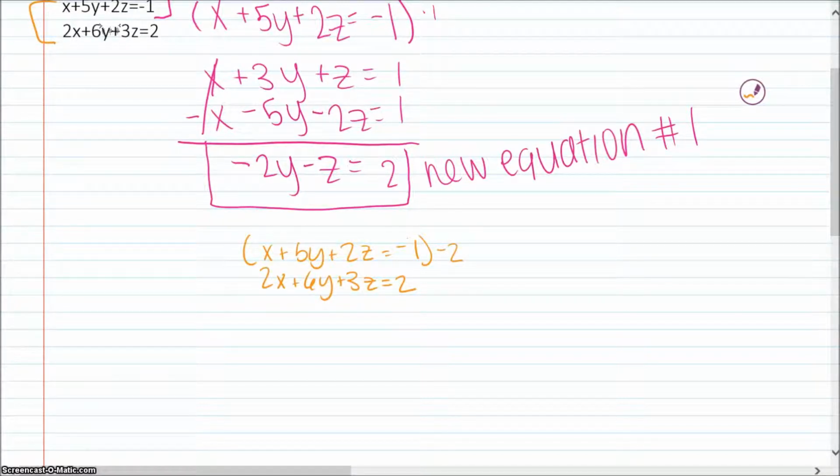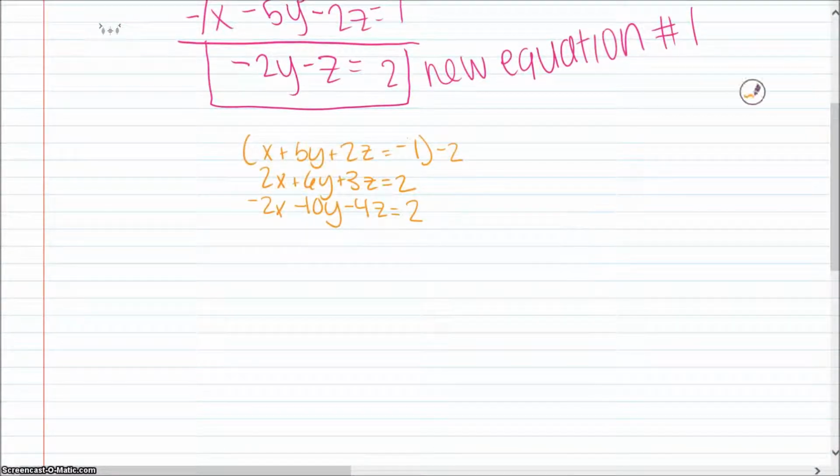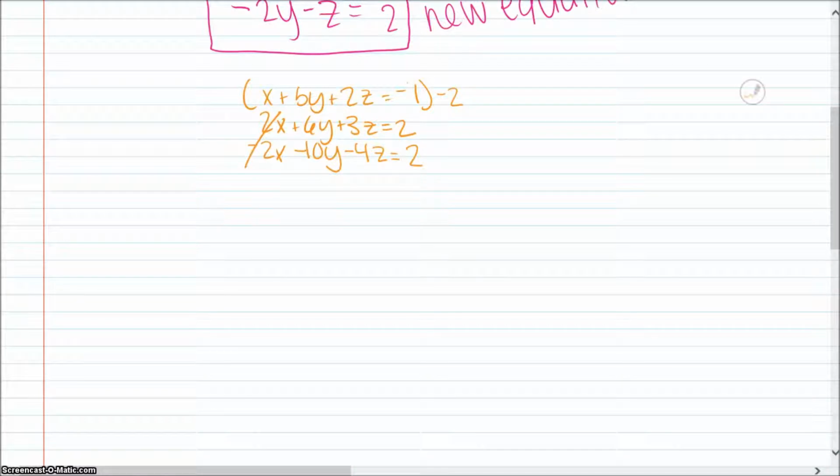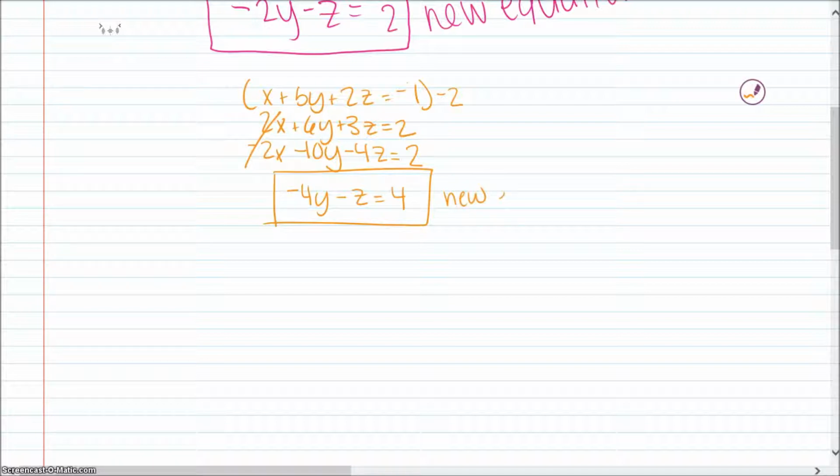So we will get negative 2x minus 10y minus 4z equals 2. So those x's cancel, and our second new equation is negative 4y minus z equals 4.